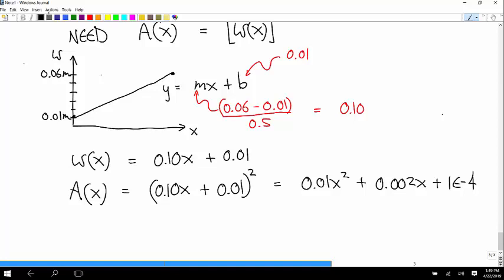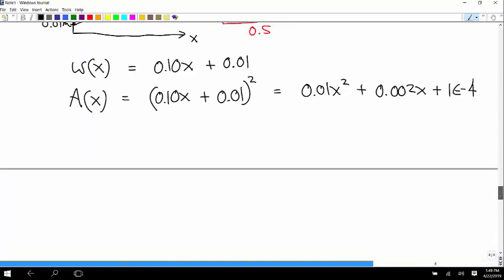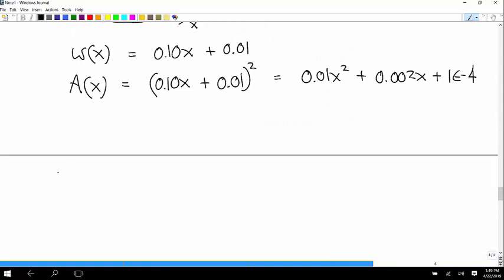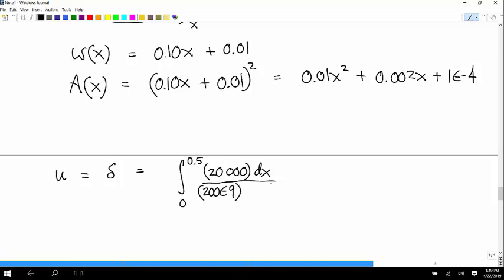And so now the elongation, you can write it as u, or I think a lot of times I also write it as delta, is the integral for x from 0 to 0.5 of the internal tension dx over E. I'm going to assume this is steel again, times the cross-sectional area.